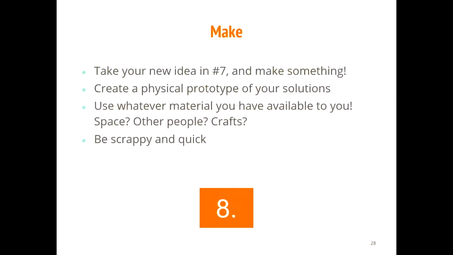So you can move over to the next page for number 8. But you're going to use number 7, and you are actually going to be making something. Okay, so this is a very exciting time. It doesn't have to be perfect. Think just like a representation, and you're gonna make it.